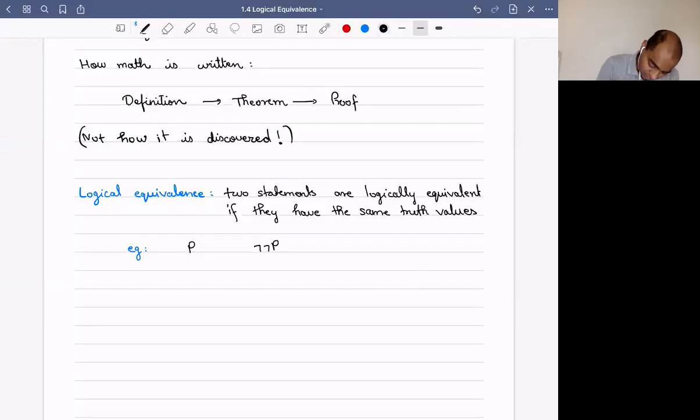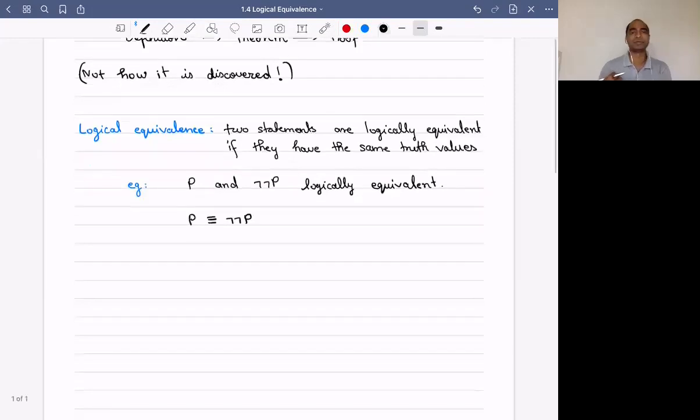And so I'll say that P and not not P are logically equivalent. And this is written symbolically as P, and then instead of equal, we have three horizontal lines, equivalent to not not P. Okay, so that's the new definition.